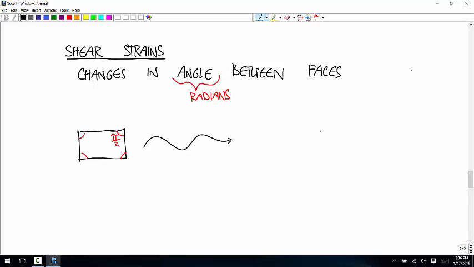After the deformation, I'm going to represent this as, so let's say this is the coordinate system.